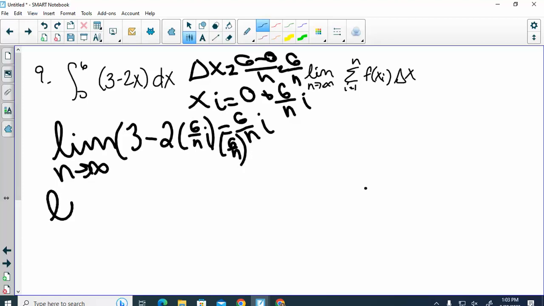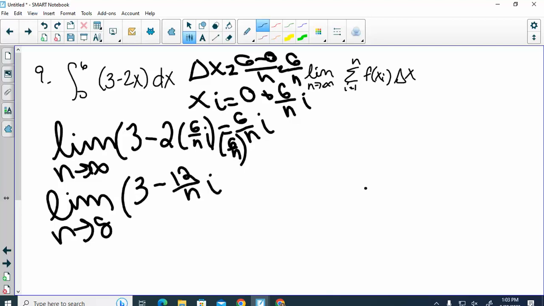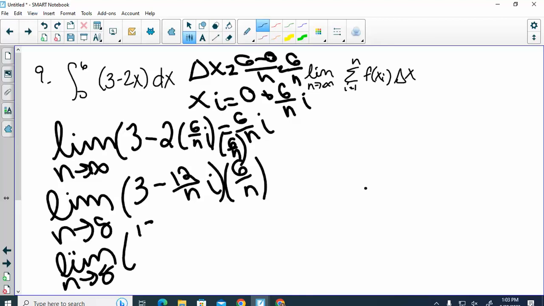Then, if you factor that out, you get 3 minus 12 over n i times 6 over n. What's 6 times 12? 72.